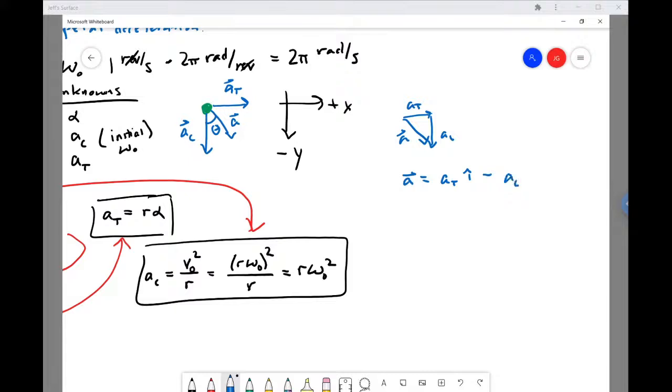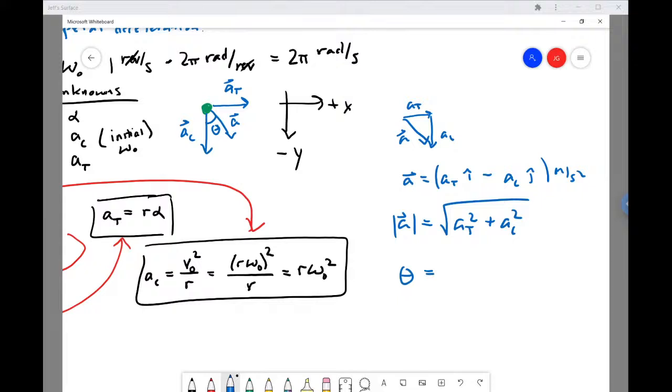And it's negative because I'm using these axes over here. Okay? And then I can find the magnitude using the Pythagorean theorem, and I can find this angle theta.